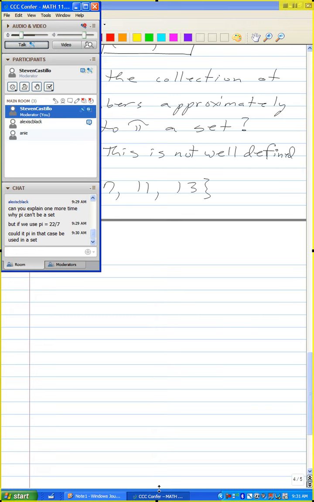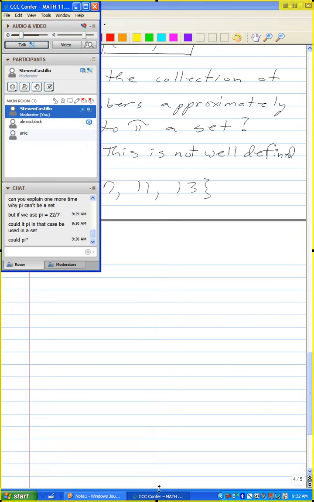Well, maybe 22 over 7 is in it, but maybe I wanted to be more precise. Maybe I say you have to be correct to 1,000 decimal places. In which case 22 over 7 would not be in that set. So I don't know if it's in the set or not because it depends on what I mean by approximately.